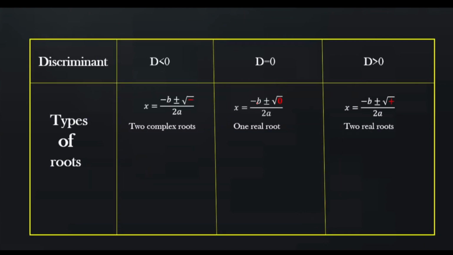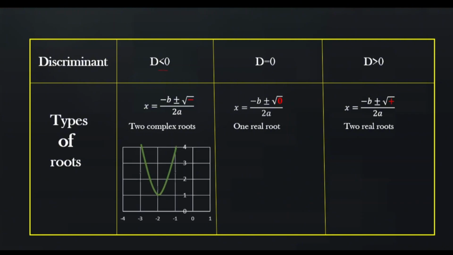So moving forward, for the discriminant less than 0, that means कि अगर हमारे पास रेडिकल के underneath जो आंसर आएगा वो it will be negative, then we will be having two complex roots. If we look in the graph, it simply means कि graph x-axis को touch नहीं कर रहा.